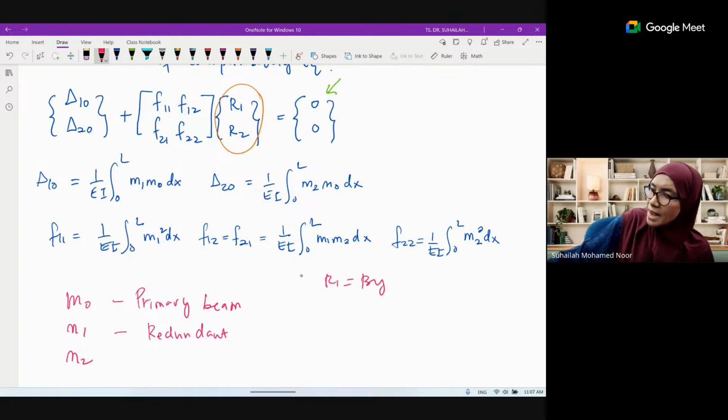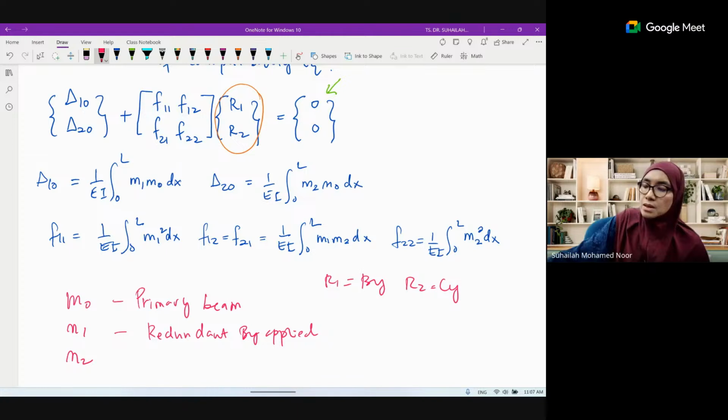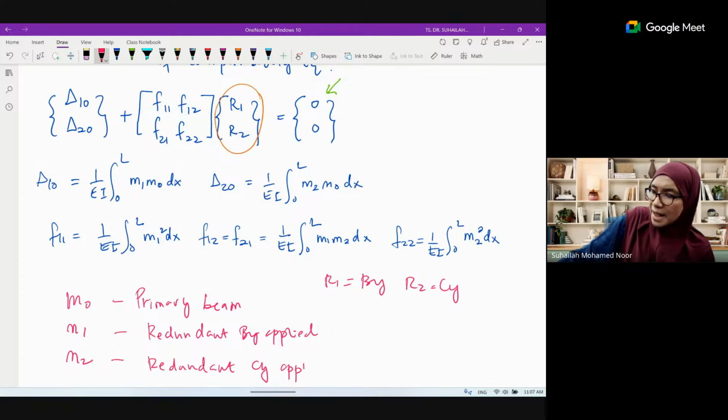Redundant 1 is BY, redundant 2 is CY. So for M1 we see redundant BY applied. M2 is redundant 2, CY, so that is redundant CY applied.